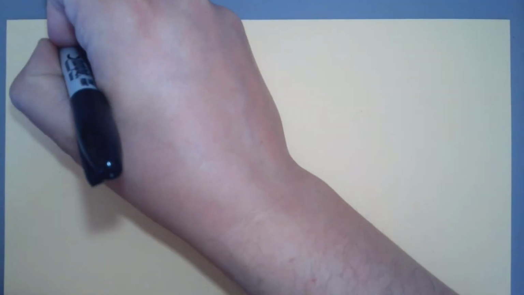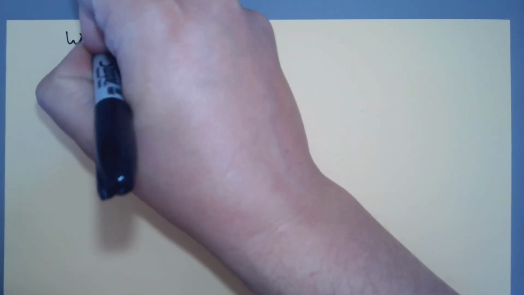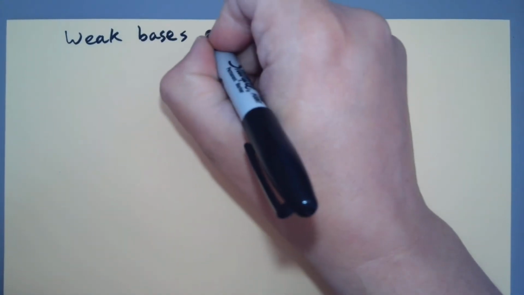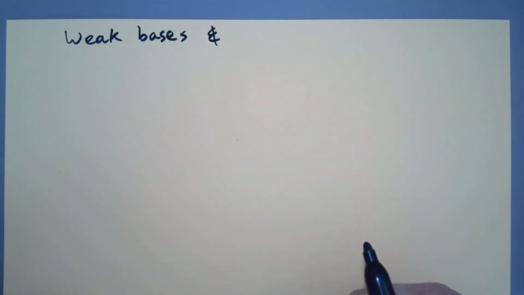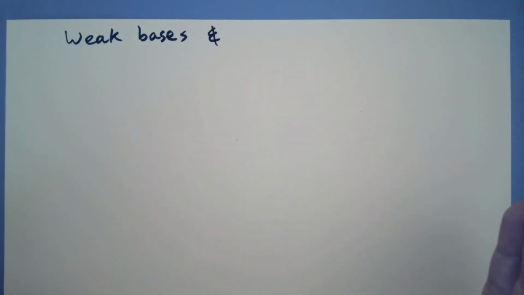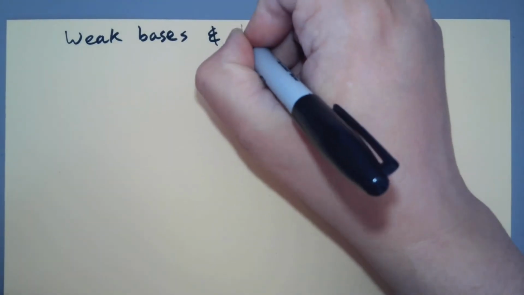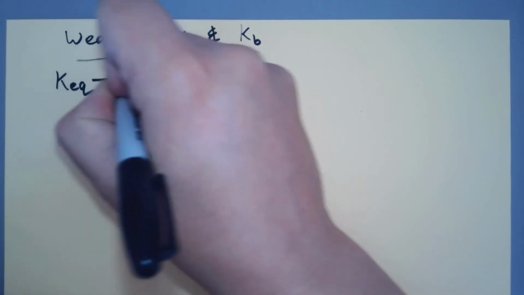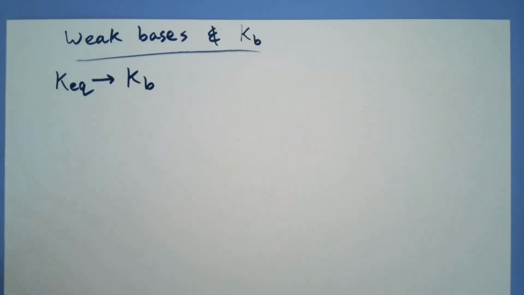So next we're going to talk about weak bases. And it's going to be a very similar conversation to the one we just had. And then what do you think we call K for this? Take a guess. Kb, right? So Keq for weak base systems gets known as Kb. B stands for base.